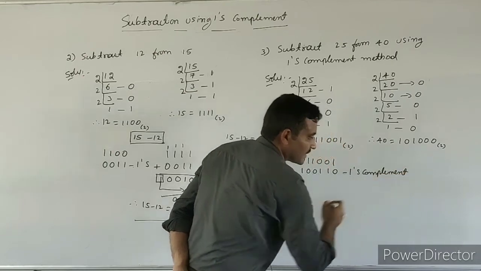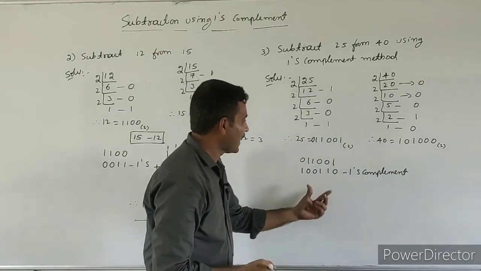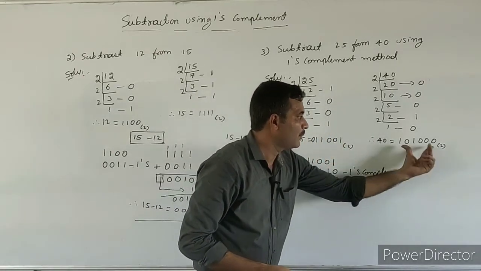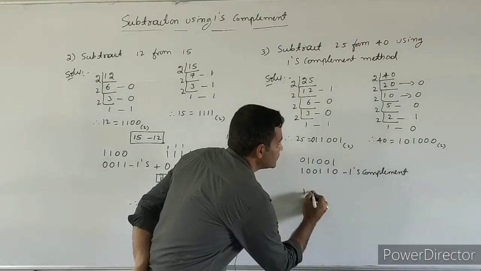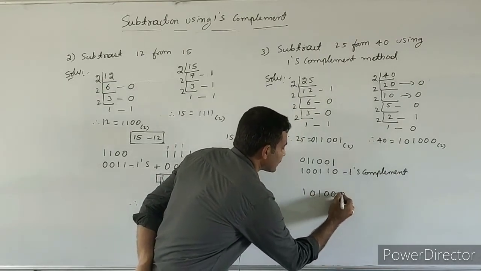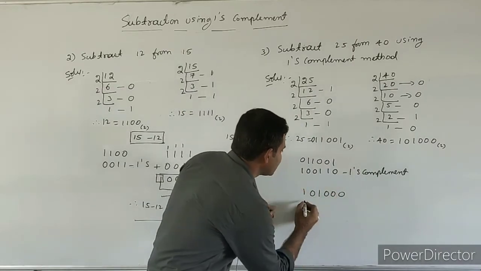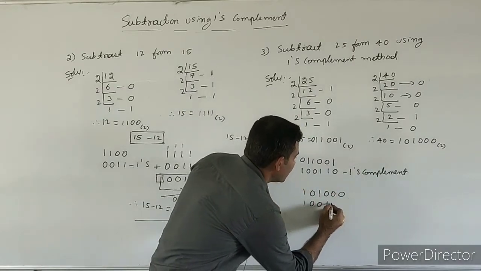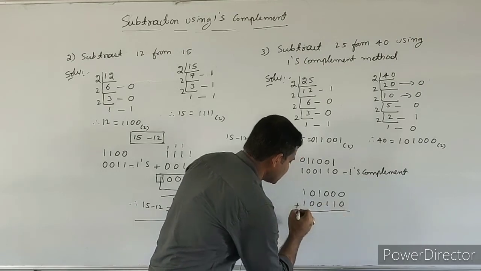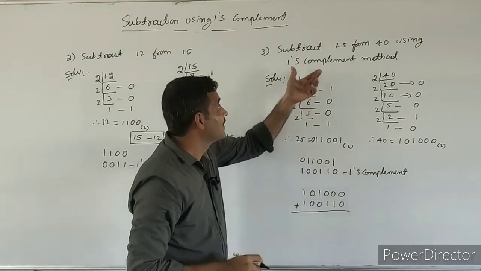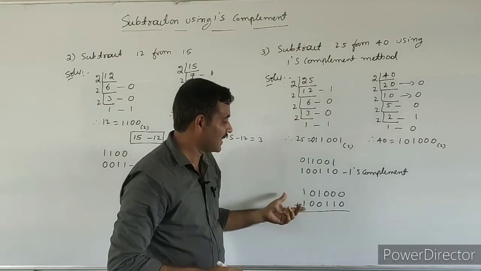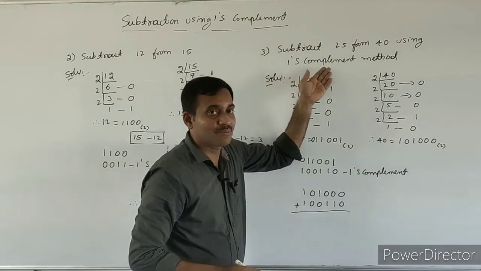The second step is to add this 1's complement to the minuend. The minuend value is 1 0 1 0 0 0, and the 1's complement is 1 0 0 1 1 0. The process is addition; we are doing subtraction, but because we apply the 1's complement method, the process is addition.